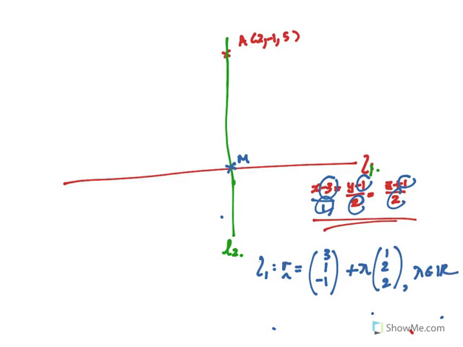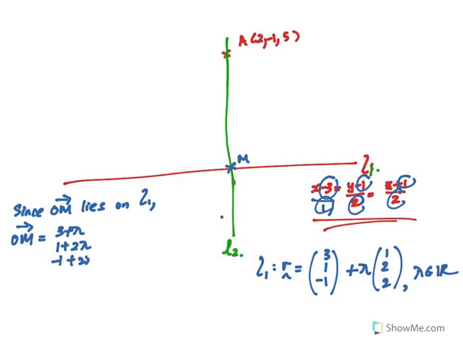That is more meaningful. Because OM lies on line 1, OM can be written as (3 + lambda, 1 + 2 lambda, -1 + 2 lambda) for some lambda.